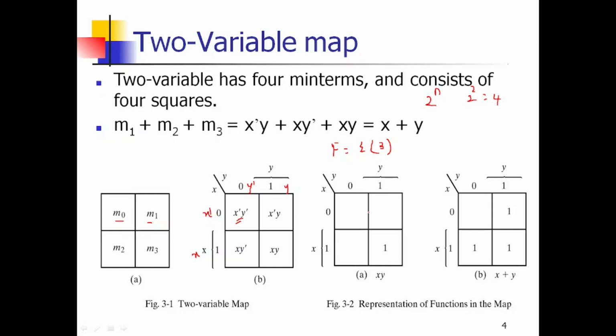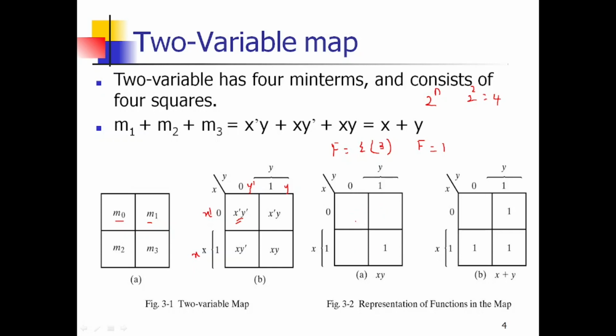Here the maximum number of cells is 4 only, so we check for the quad possibility first. If we have a quad possibility, then the Boolean function is f is equal to 1. If we don't have the quad possibility, then we go with the pair possibility. A pair is two adjacent cells, you can say the first row or second row.